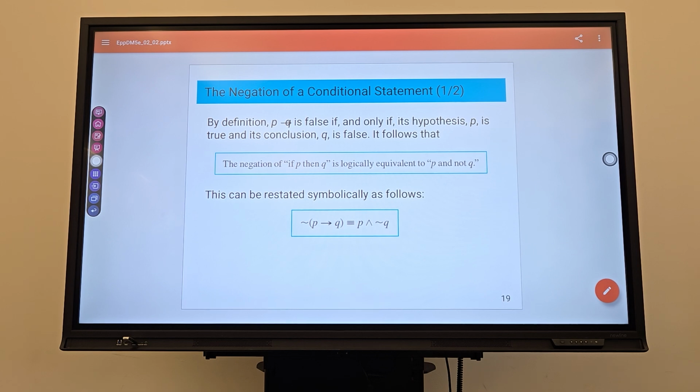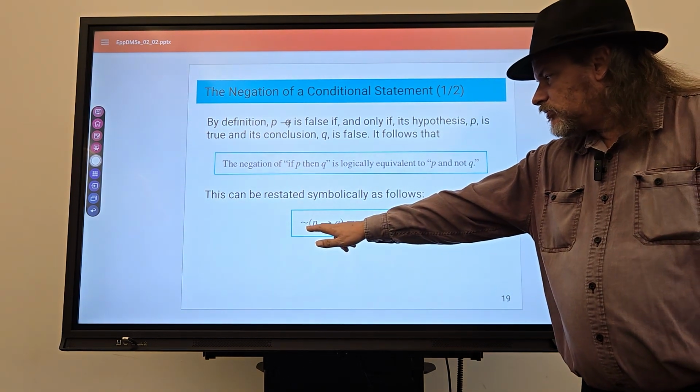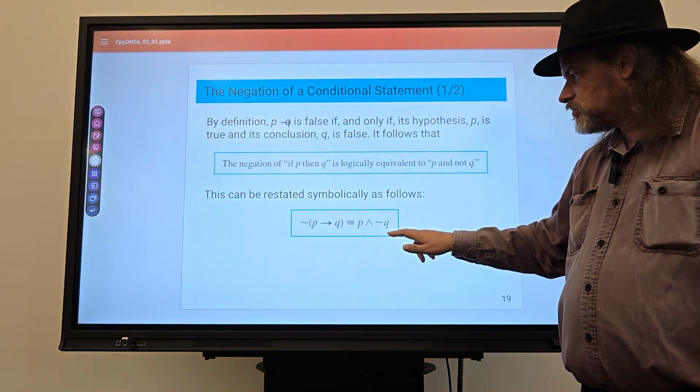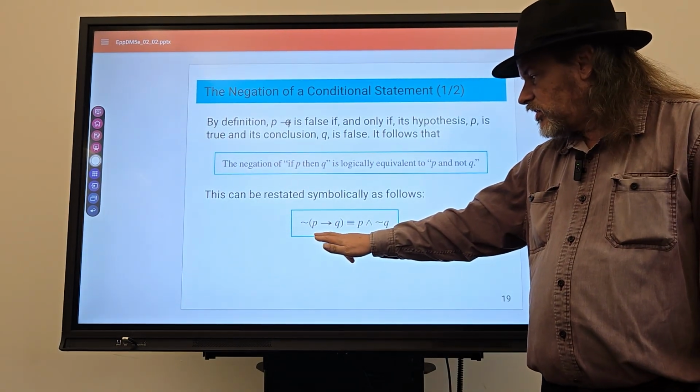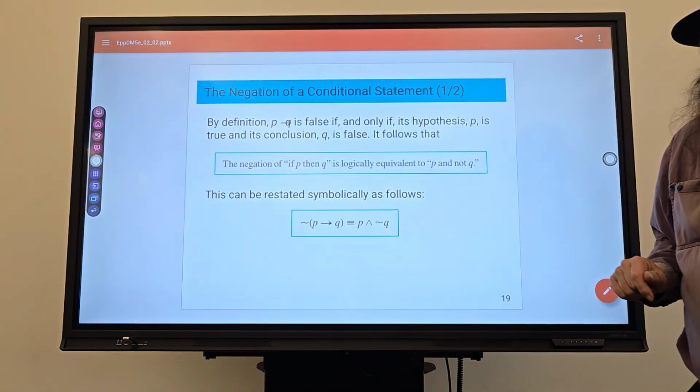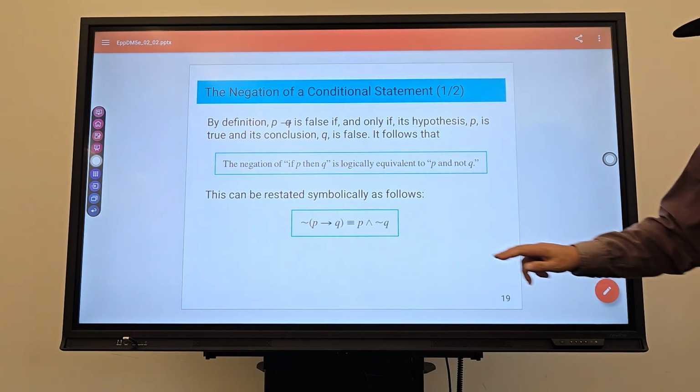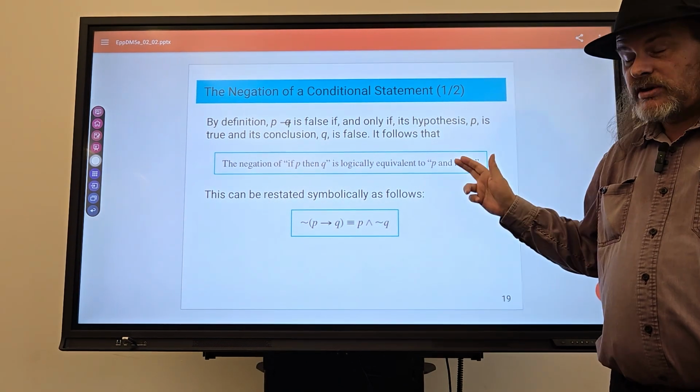It follows then that the negation of if P then Q is logically equivalent to P and not Q. This can be stated as this expression here. They are equivalent. So if you run into this, you can substitute it for this statement here, and vice versa.